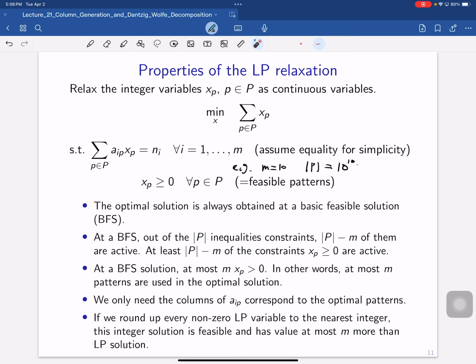Yes? So how are we making sure that whatever bits we are cutting are within the total width range? Let's say our total master roll is 100, and whatever bits we are cutting in this formulation are within the 100. Oh, okay. That's a good point, right? So you calculate these a_ip parameters a priori already.